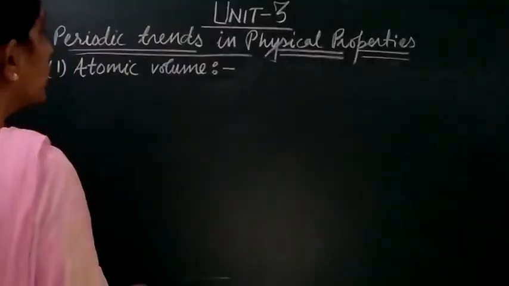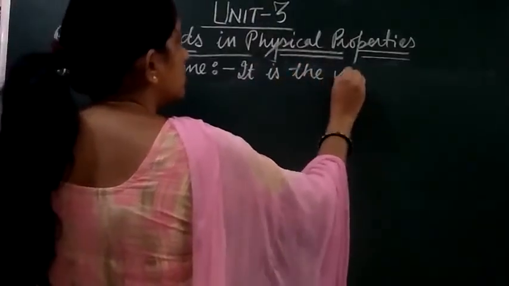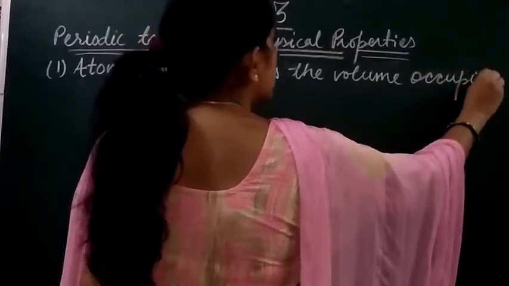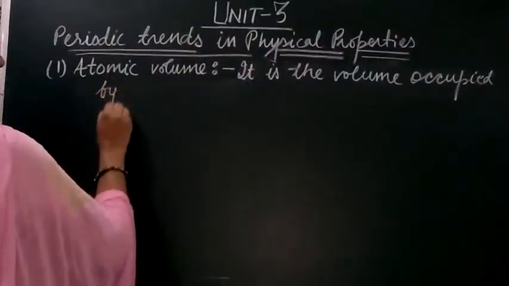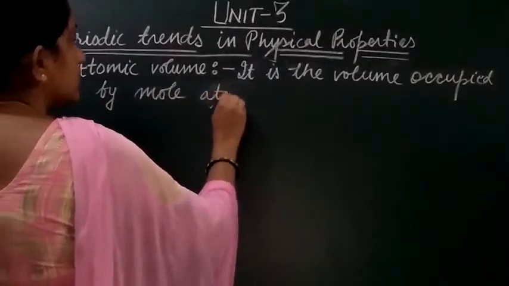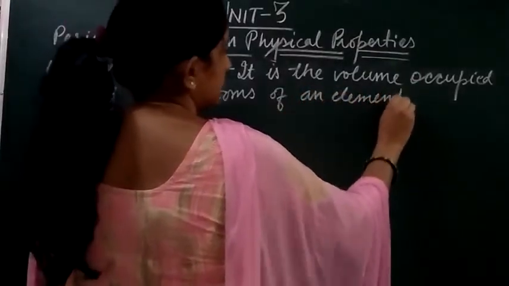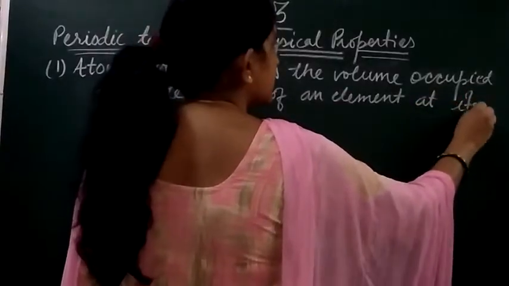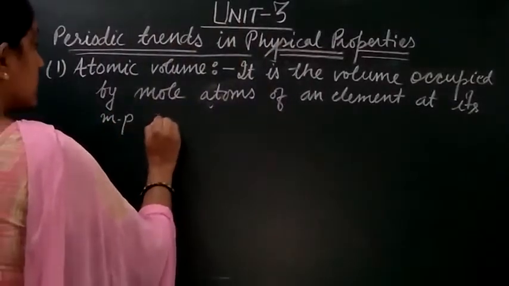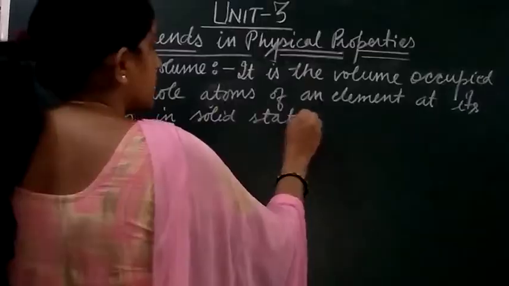So students, what is the atomic volume? It is the volume occupied by 1 mole of atoms of an element at its melting point in the solid state.